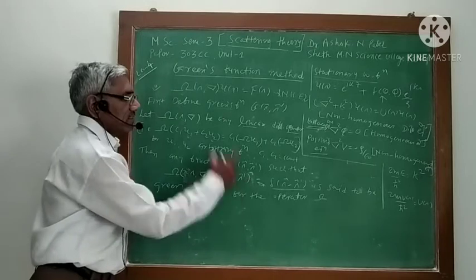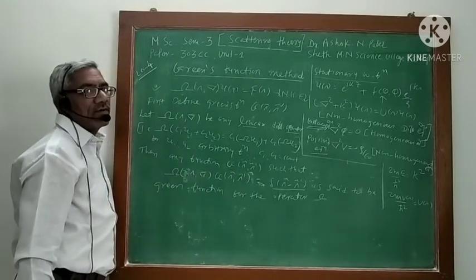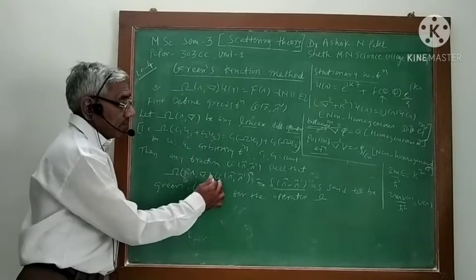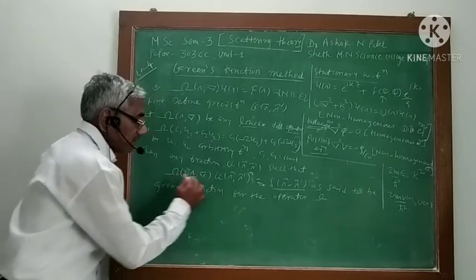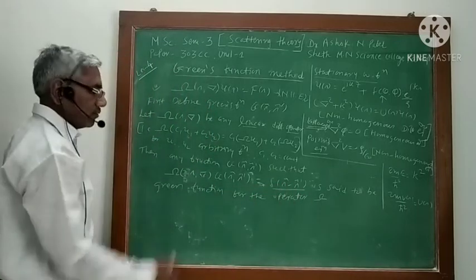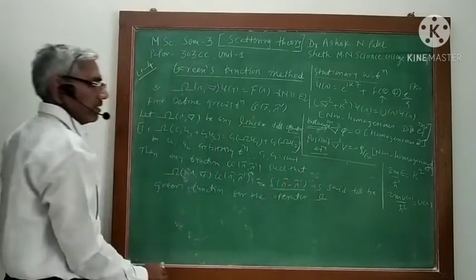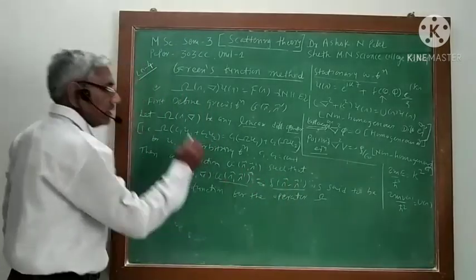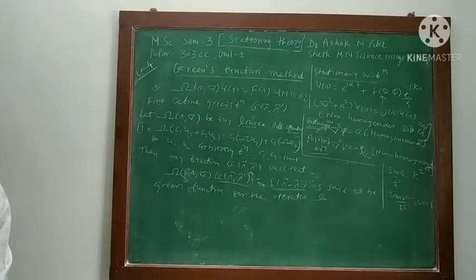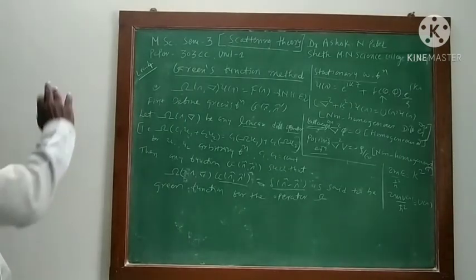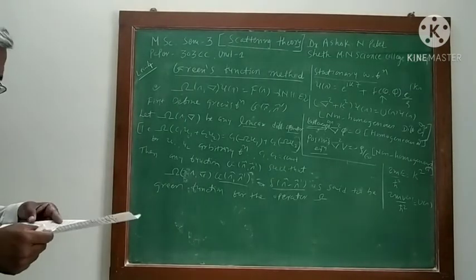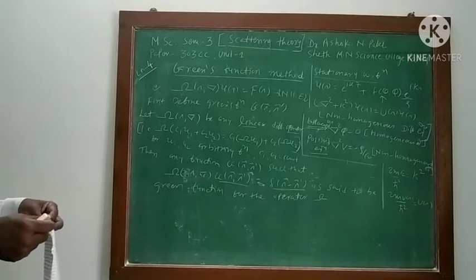Then I can say yes, this is my Green function. If any function satisfies this condition, it is a Green function, otherwise not. So first of all, we have to define the Green function, isn't it?